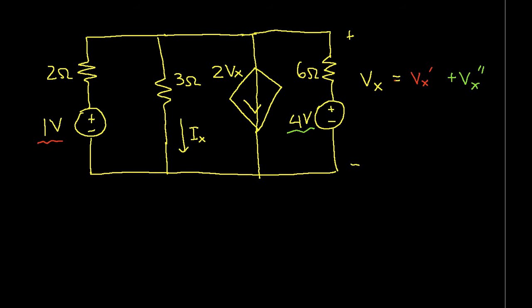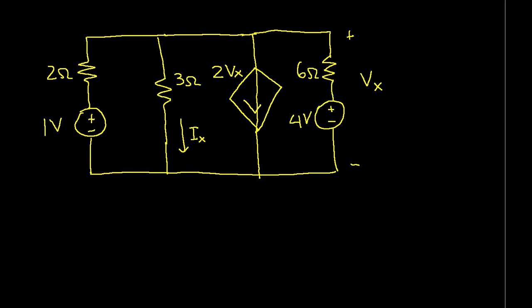Similarly, Ix will be the sum of Ix prime plus Ix double prime. Okay, so with that introduction, let's go ahead and solve for Vx prime and Ix prime.